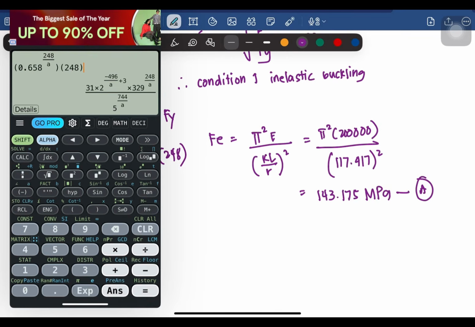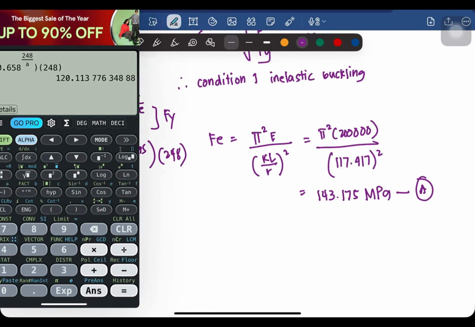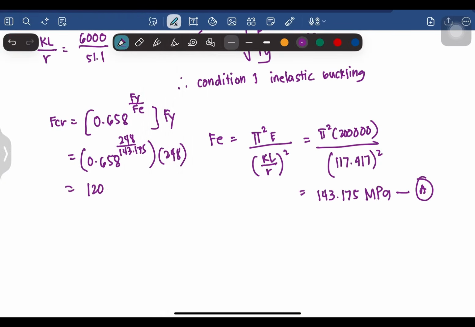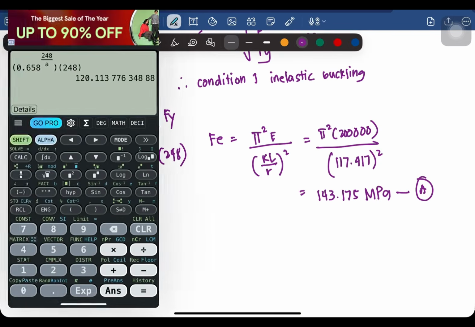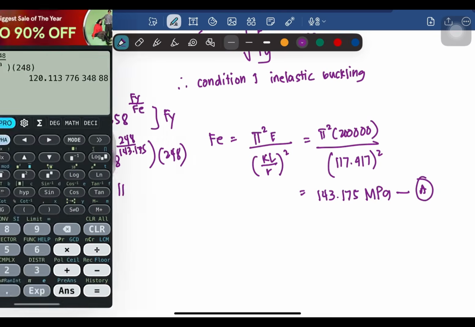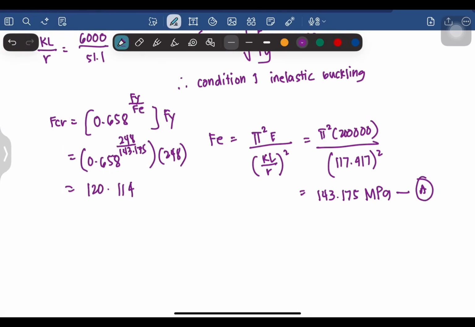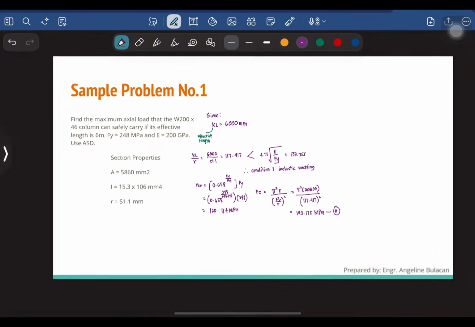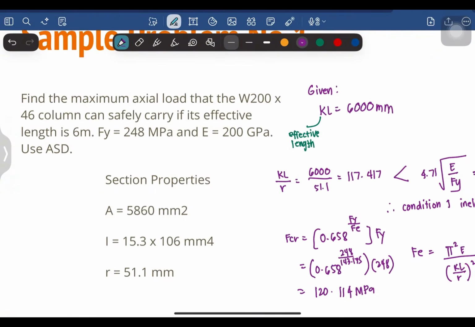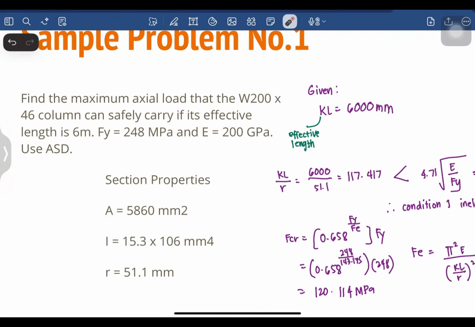We get 120.114 MPa. But in the problem, we have to get the maximum axial load using ASD.